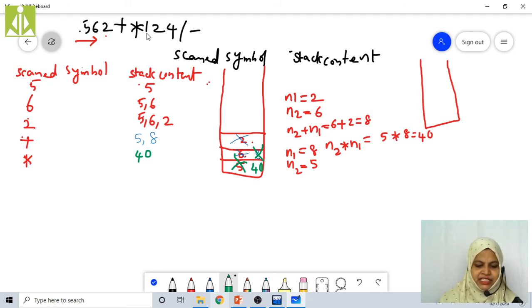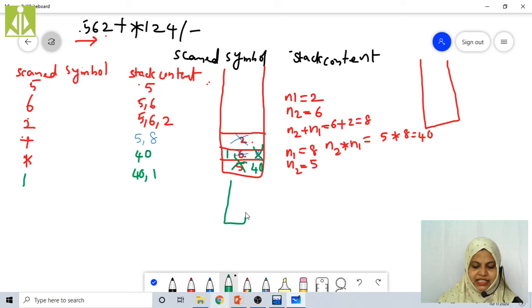Now what is the next encountered element? Next element is 1. 1 is an operand, so you have to insert it into the stack. Now the stack consists of 40 comma 1.